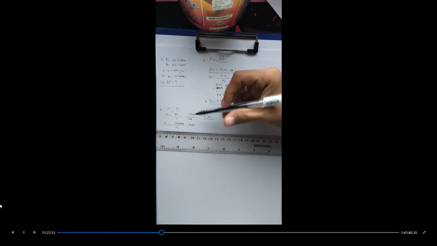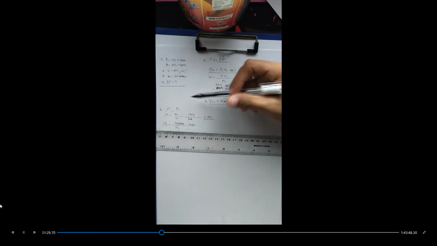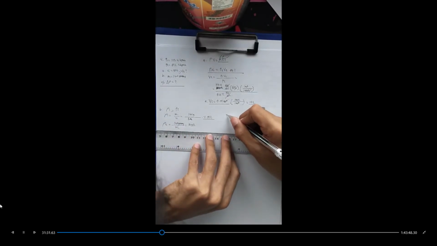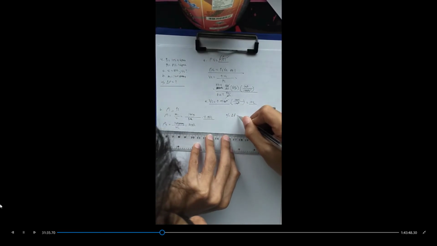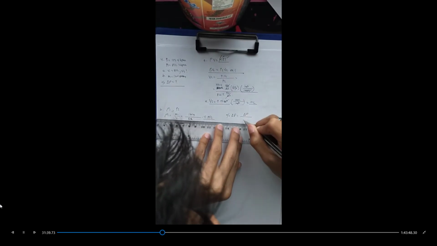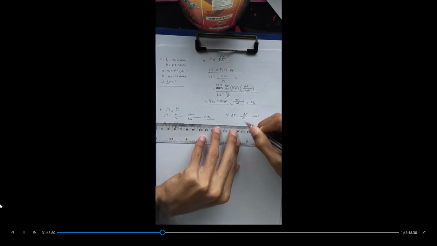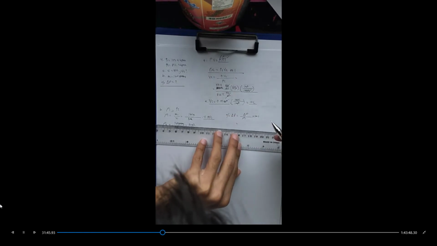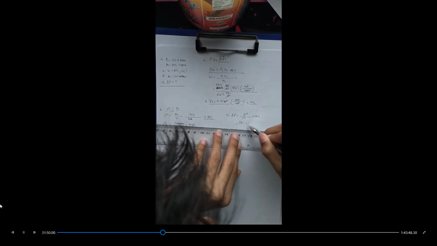Now the thing that is being asked is the percentage of the change of density with respect to the density 1. So that means the percentage of the change of density is equivalent to change in density all over density 1 times 100%. So change in density is density 2 minus density 1. So 16 minus 2, and the unit will be grams per liter on both of them.